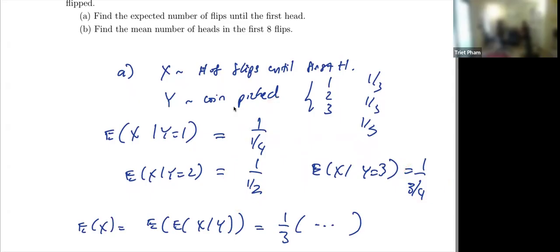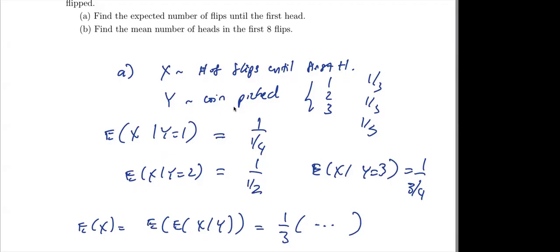All right. Any question? Wait, so to find the expectation, we have to basically sum those three probabilities, 1/4, 1/2, and 3/4, and then take 1/3 of that?